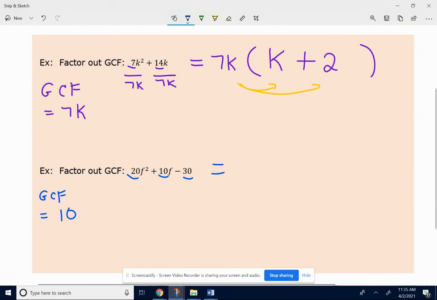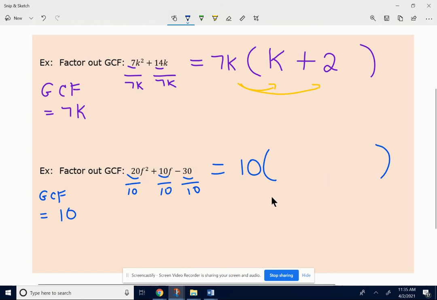So I'm going to rewrite this as 10 times something. My goal is to figure out what the something is. I'm going to just think about dividing all three of these little pieces by 10.